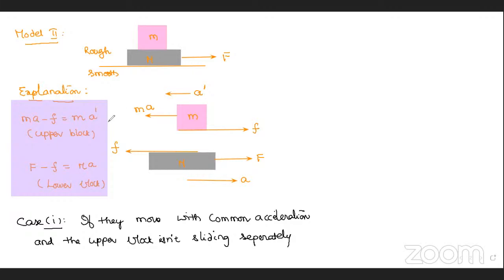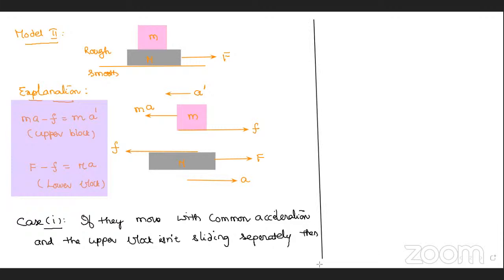A dash is 0, na? A dash is equal to something. It is not sliding. Upper block. A dash equals to 0. Very good. Then at that point only I'm going to write here.